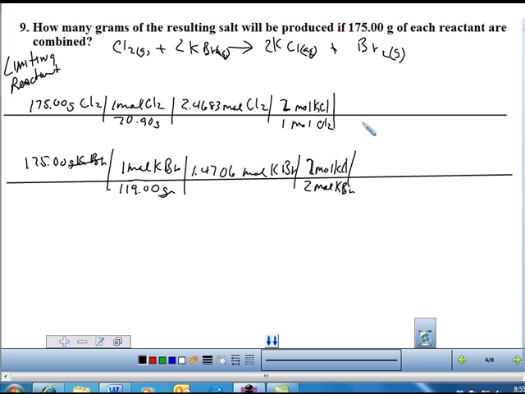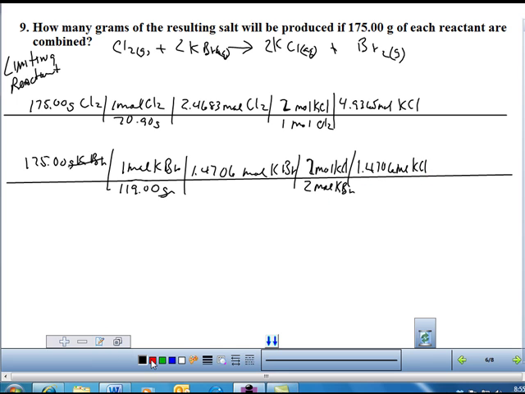So we end up over here with 4.9365 moles of potassium chloride. Here, 2 over 2 is the same as 1, so this doesn't change the quantity: 1.4706 moles of potassium chloride here.